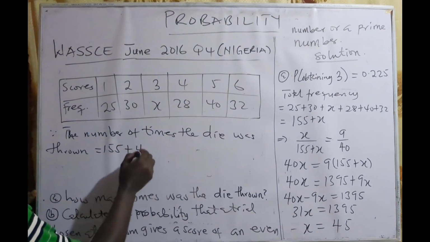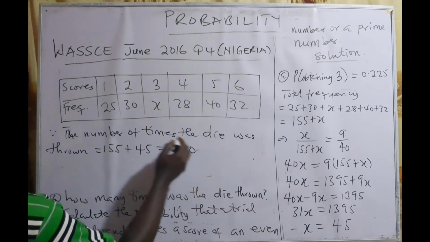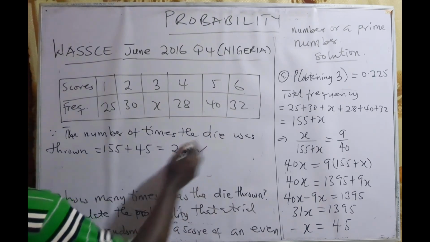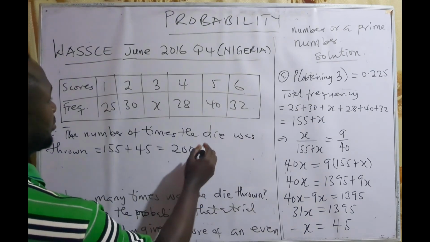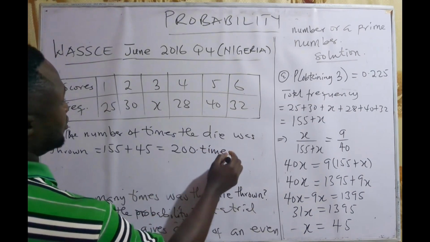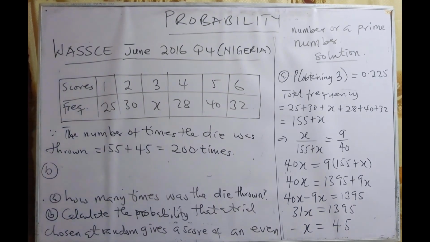What is our x? We had 45. So 155 plus 45 will give us 200. Alright, so that means the die was thrown 200 times. So we are done with A.